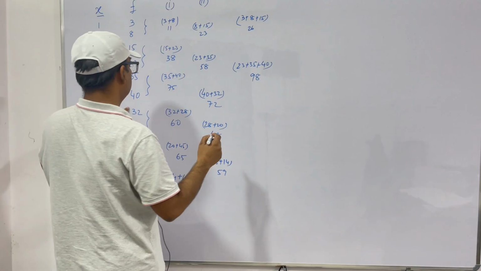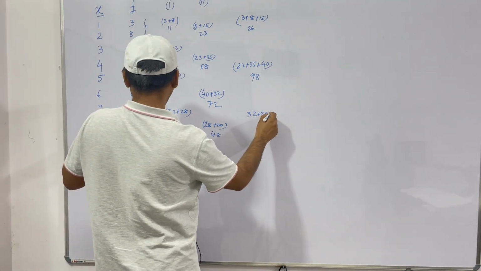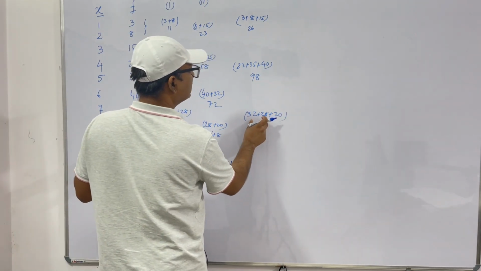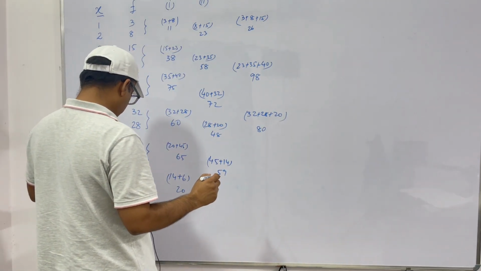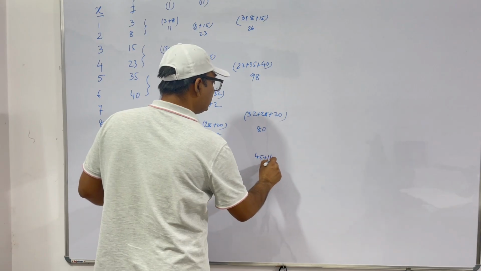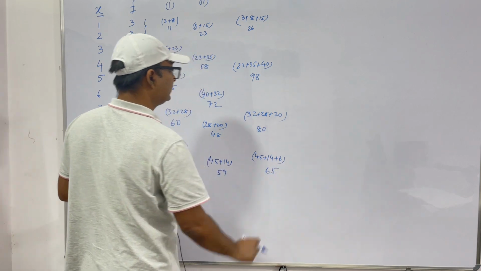Then we have 32 plus 28 plus 20, this is 80. And then we have 45, 14, 6. So this will be 65.